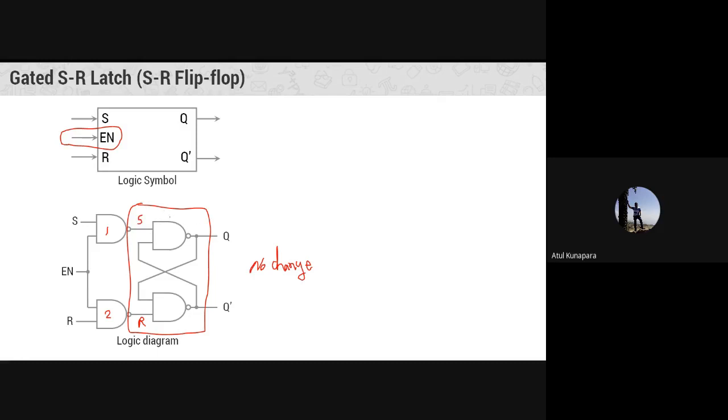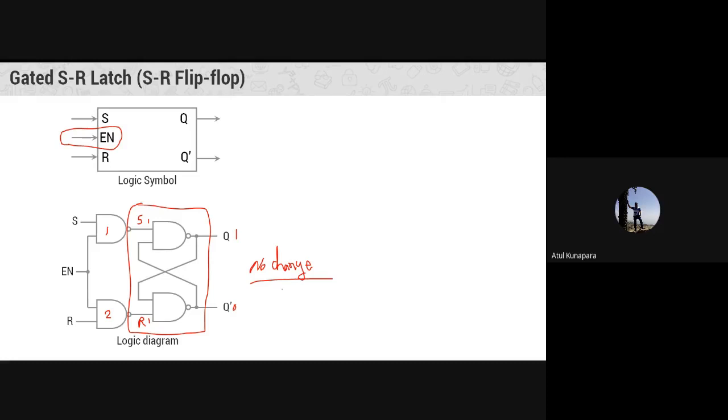Now in the NAND gate latch, if you remember the truth table we have discussed, when S equal to 1 and R equal to 1, when both the signals are 1 1, you will get the output to be no change, right? Means if it is 1 0, it will remain 1 0 only, and if it is 0 1, it will remain 0 1 only. So whatever output is there, it will remain as it is. So that's what we can say is a no change.